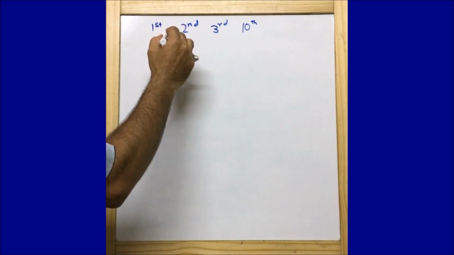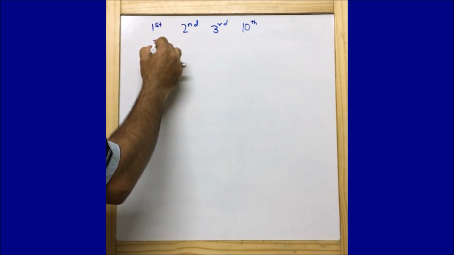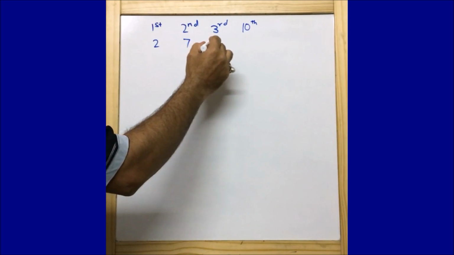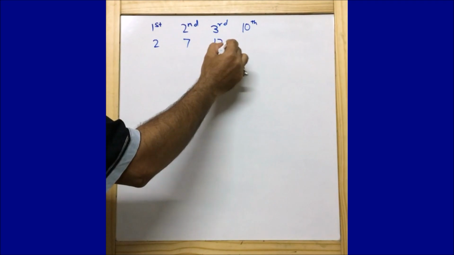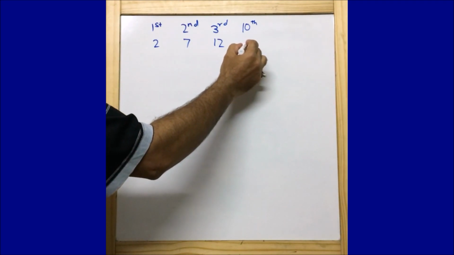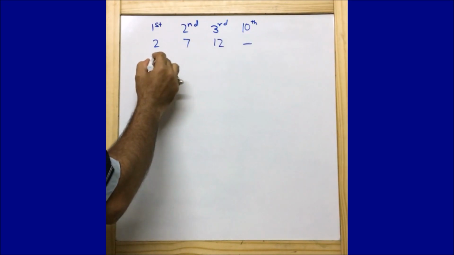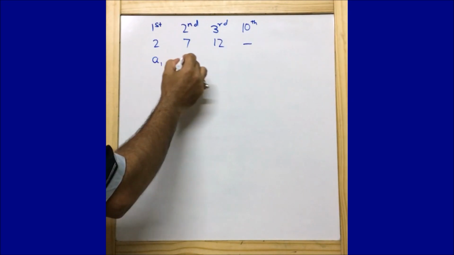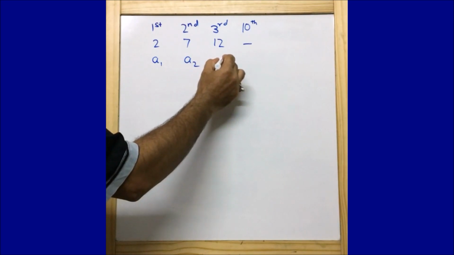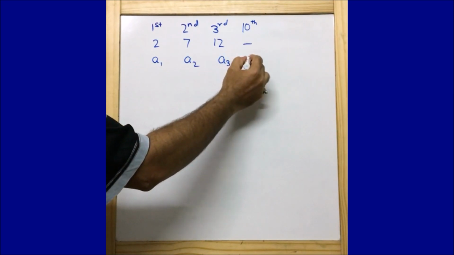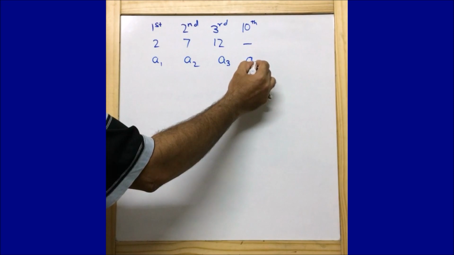So putting 2 under the first term, 7 under the second term, 12 under the third term, and the 10th term is not given, so we'll see what we are going to do. A1, A2, A3 and this one is A10 guys.